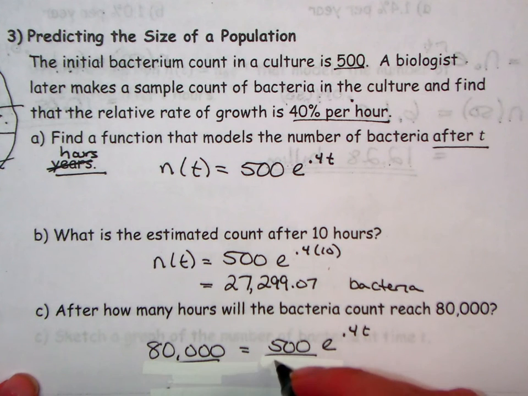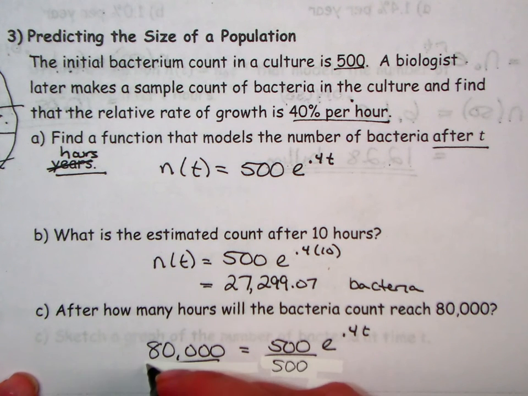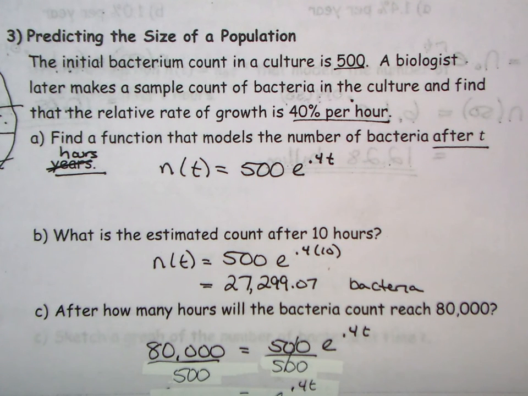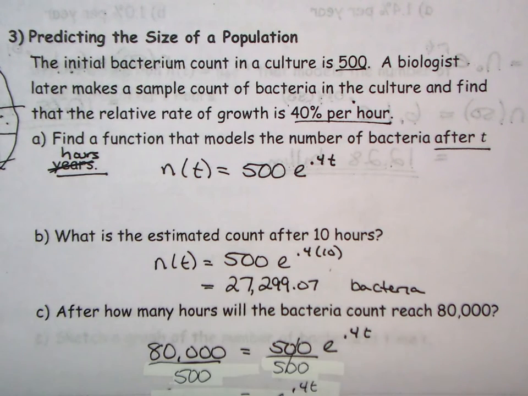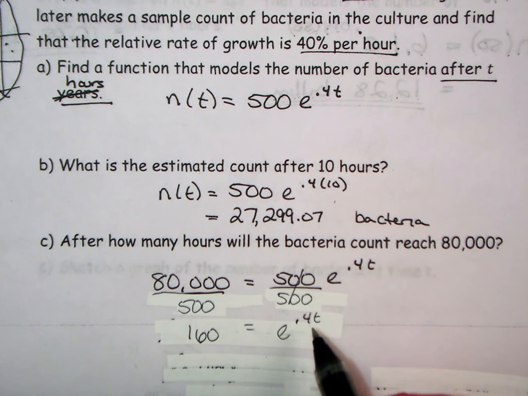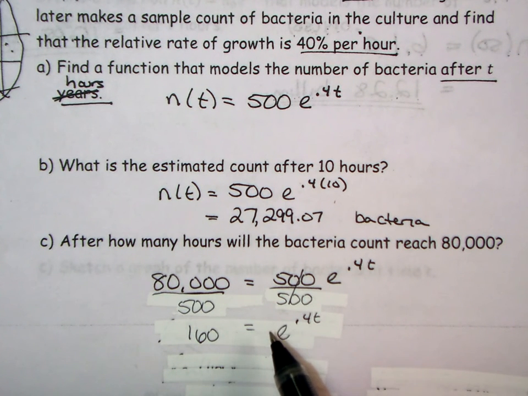So the very first thing I need to do is divide both sides by 500. And so I'll get e to the 0.4t equals 80,000 divided by 500. Plugged into the calculator gets 160. Okay, so now the exponential expression is by itself.